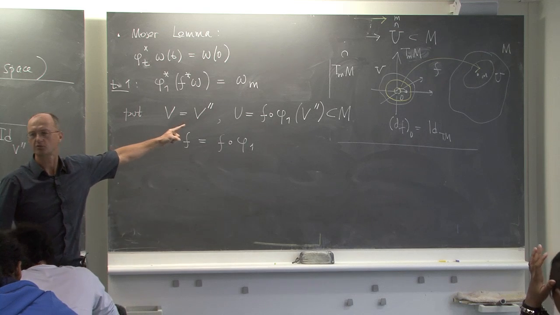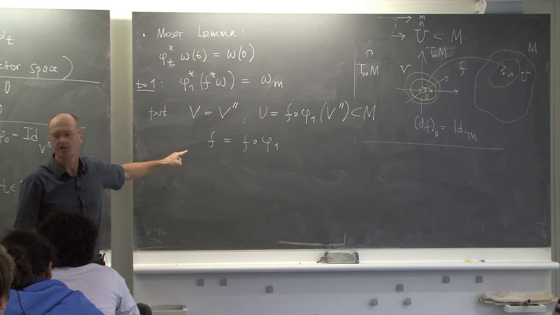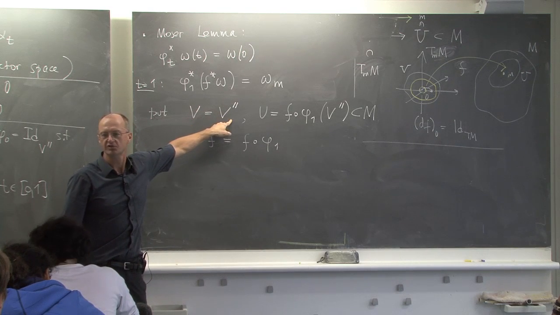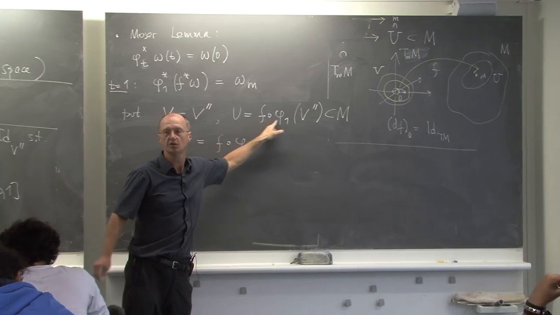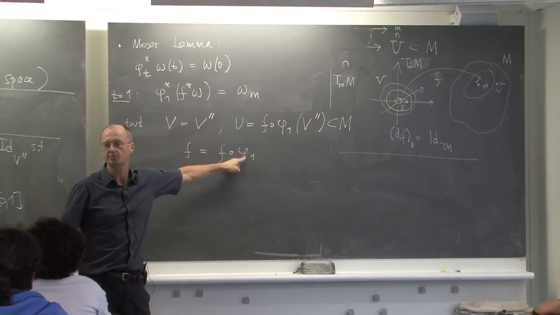Sorry, what I'm writing probably does not make much sense, but maybe better say: replace V with V double prime, U with its image, and that's the correct map.